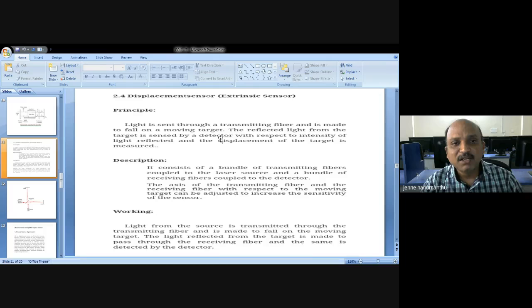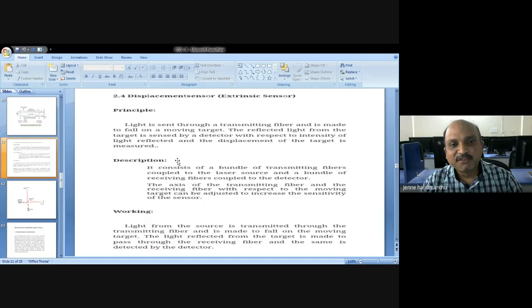The target is nothing but a mobile target. What happens if light falls on this target? The light may be reflected back, passing through the second fiber, and you can place a detector. The detector will detect the light intensities.